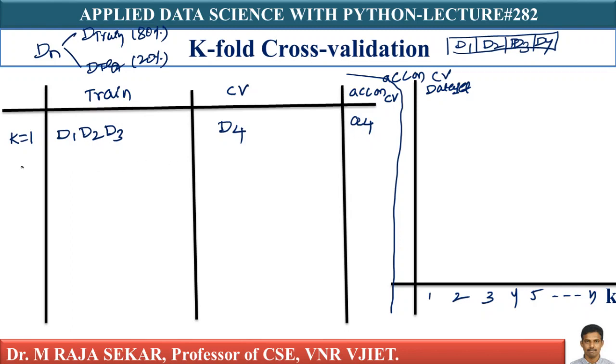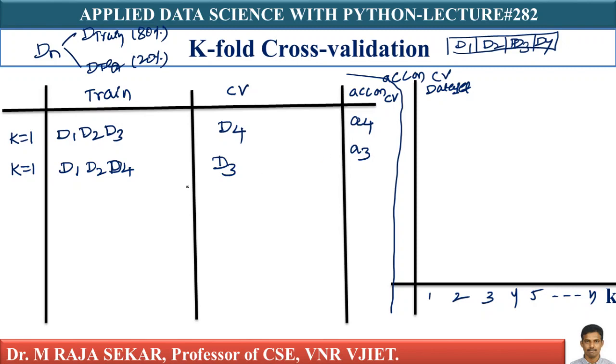Now again for k equal to 1, let me take D1, D2, D4 as my training data, and D3 for cross validation, and accuracy on D3 I will get as A3.